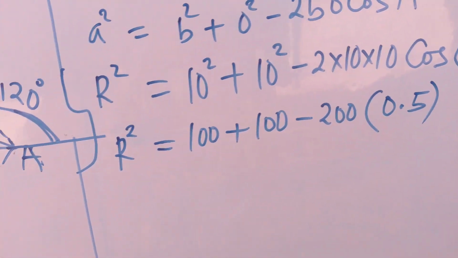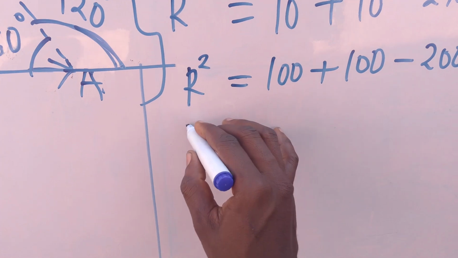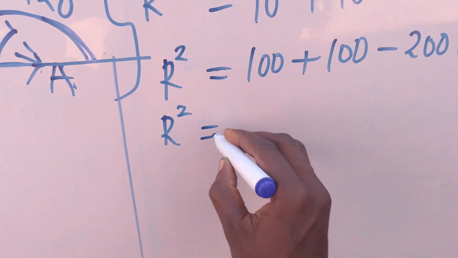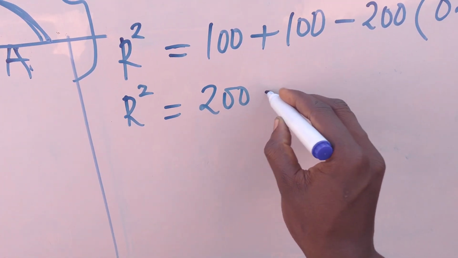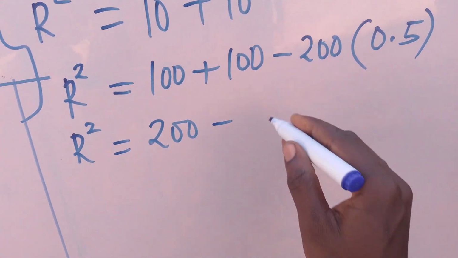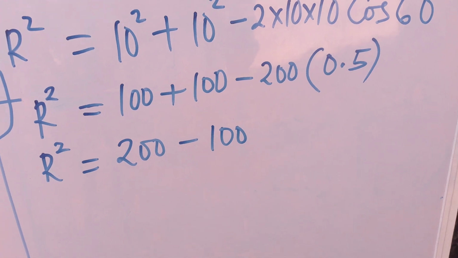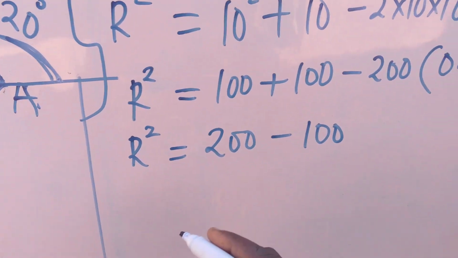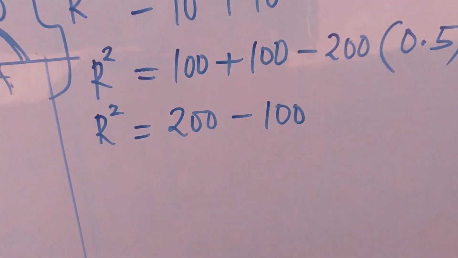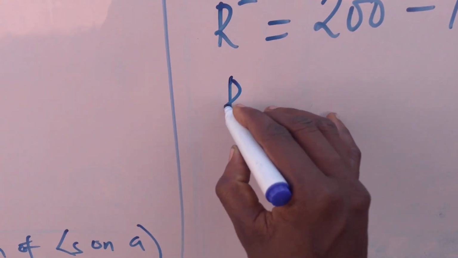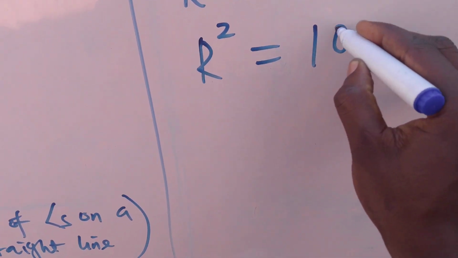When I add, 100 plus 100 gives me 200. So R square equals 200 minus 200 times 0.5, which is 100. 200 times 0.5 gives me 100, so 200 minus 100 gives me 100. So R square will be equal to 100.